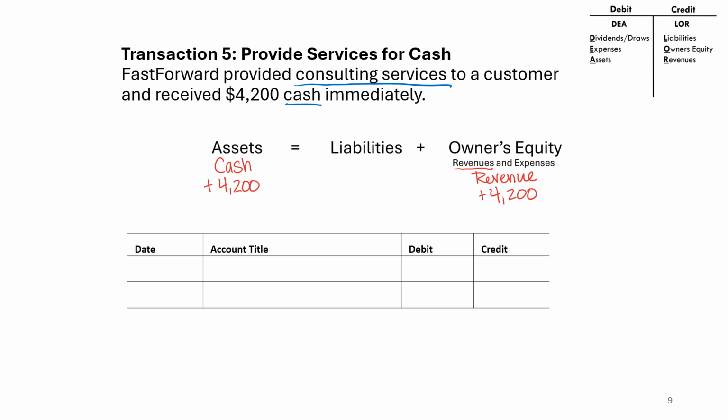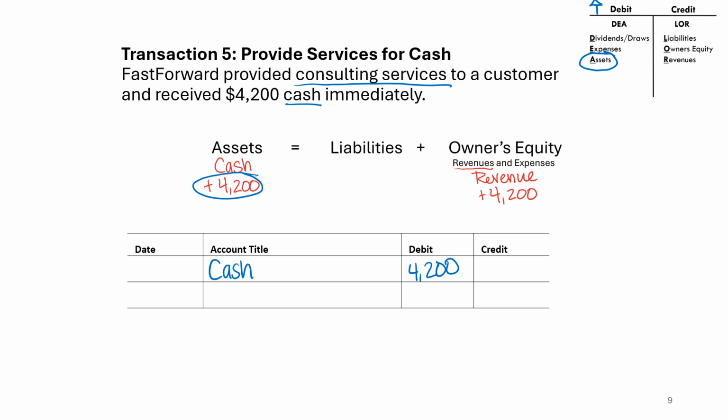If you can remember that cash is an asset and cash increases with a debit, then if your cash is increasing, it will be a debit to cash. And then you automatically know half of the journal entry, which tells you that whatever the other account is, if there's only one other account, that is the account that you will have to credit.